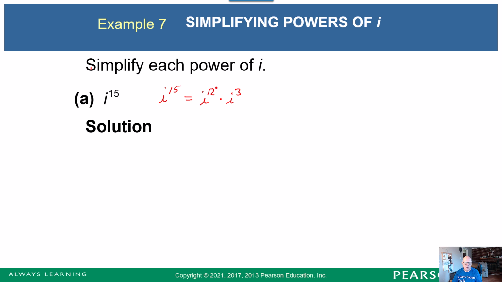Now 12 is a multiple of 4, so this whole thing right here is just 1. So we get i cubed. And if you've already memorized that previous one, you know it's minus i. If you've forgotten, no problem. Just split this into i squared times i, and the i squared is minus 1, so there's your minus i. Done.